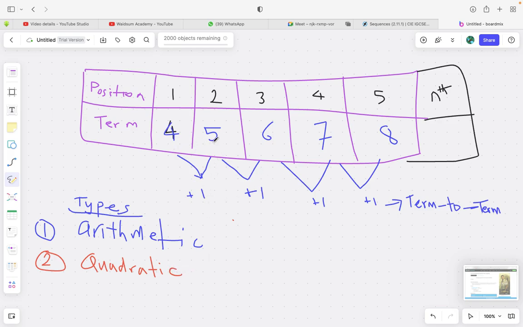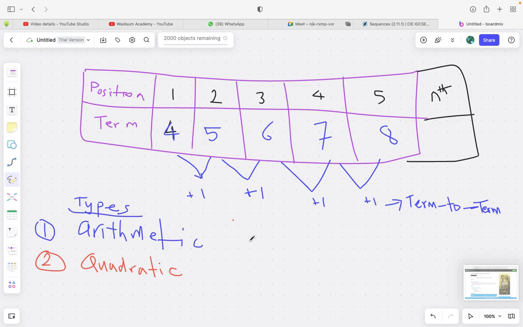After you find the difference between the second term and the first term, the third term and the second term, the fourth term and the third term, and the fifth and fourth terms, the difference is not the same number. It is after you've done it for the second level that you find the same difference.